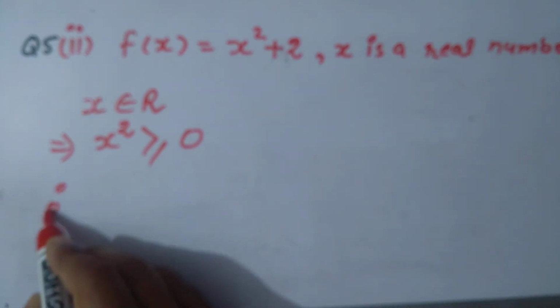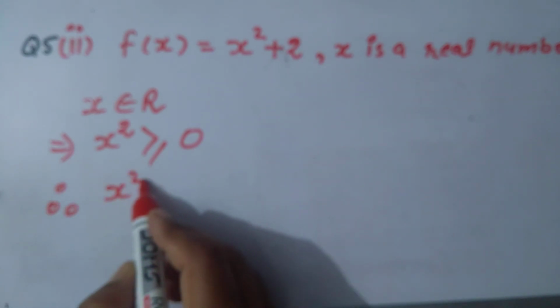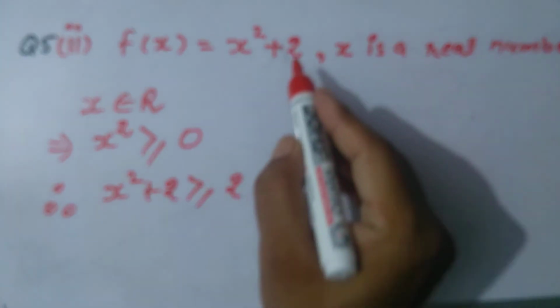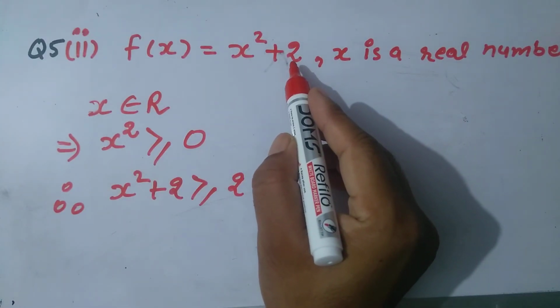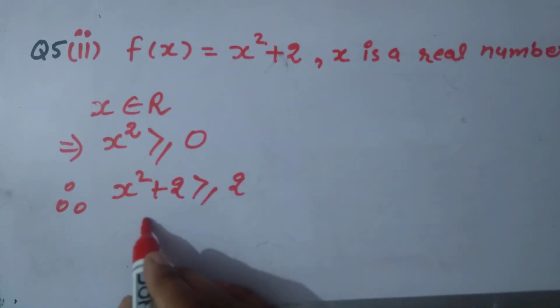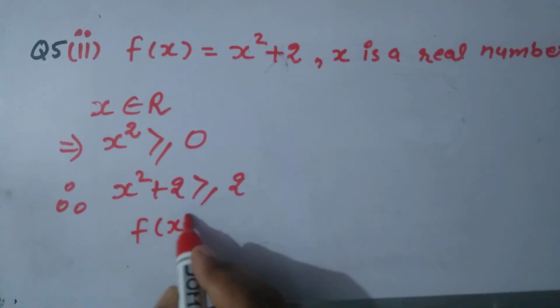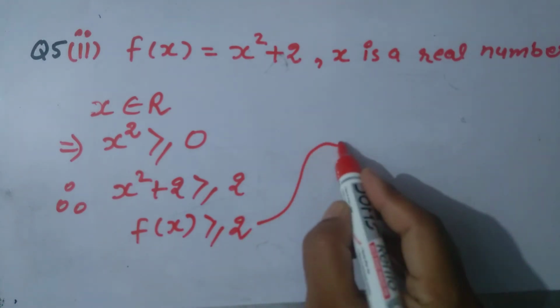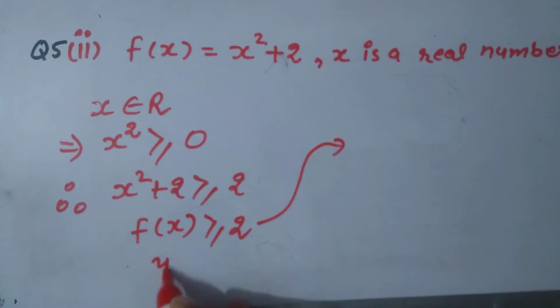So now we add 2. X square plus 2 is greater than or equal to 2, because 2 was there. So now this whole term becomes f of x. F of x is greater than or equal to 2. So what we can say, y is greater than or equal to 2.